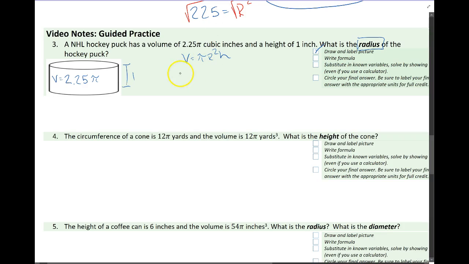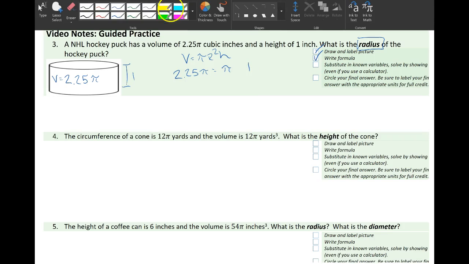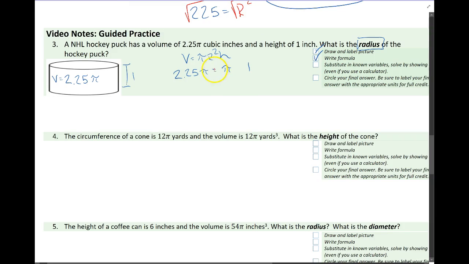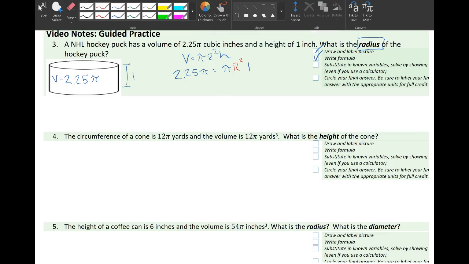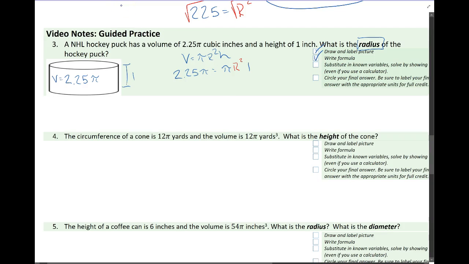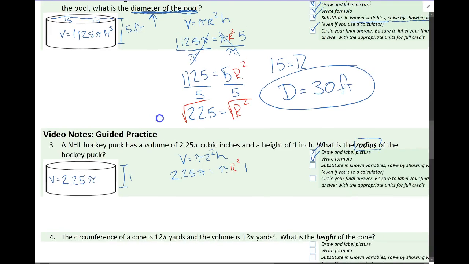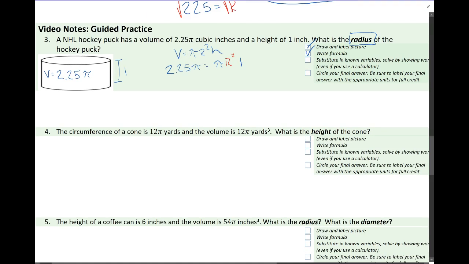So I've done this. Now I'm going to input, I wrote my formula, I'm going to substitute in known values. So I say 2.25 pi is equal to pi times the radius squared times height. The height is 1. Radius squared we'll do in red again, just so we can keep some consistency. And now, again, my first step, just as I did up here, let's get rid of pi, because it's on both sides.